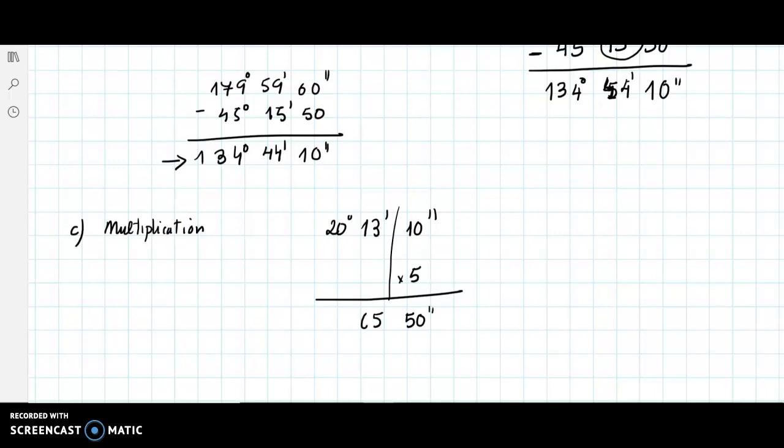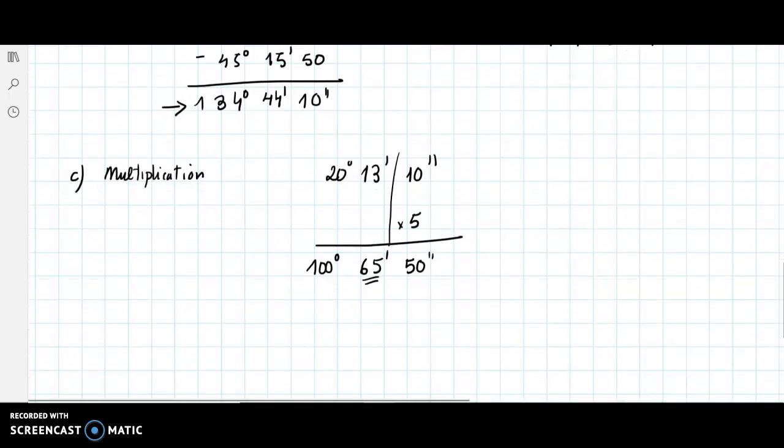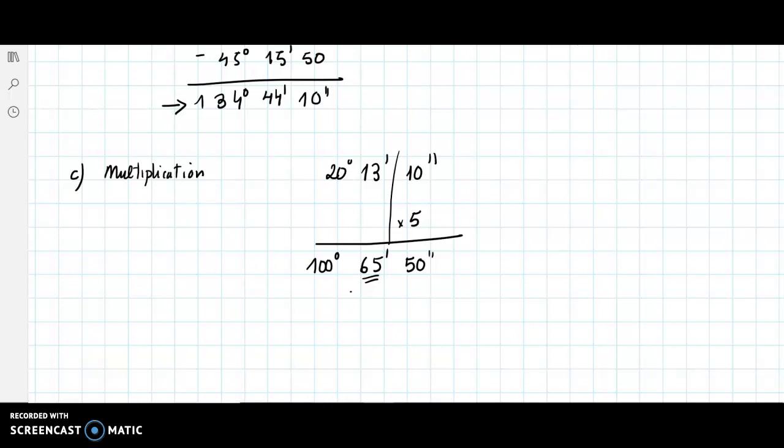Then the minutes. And finally the degrees. As you see, this number is greater than 60, so we have to subtract 60 minutes to get 1 degree. So we add this degree here. So the result is 101 degrees, 5 minutes and 50 seconds.